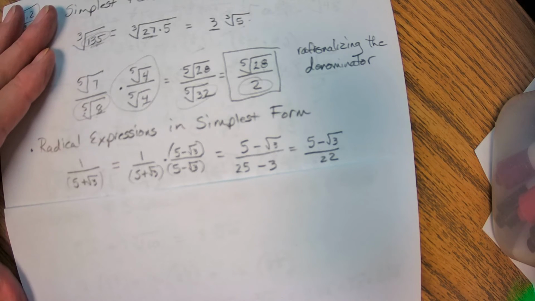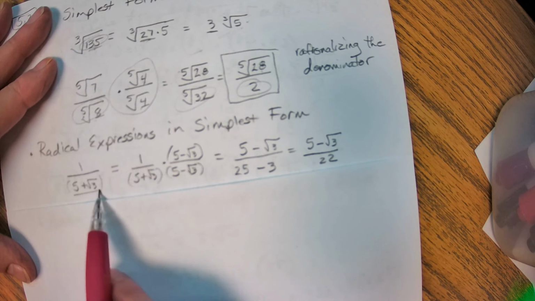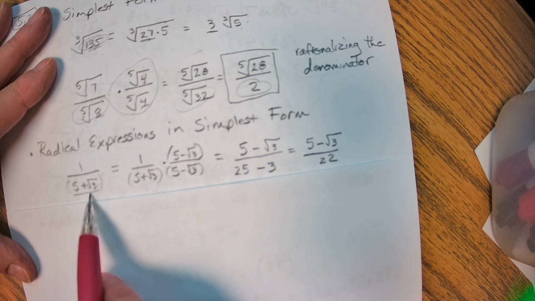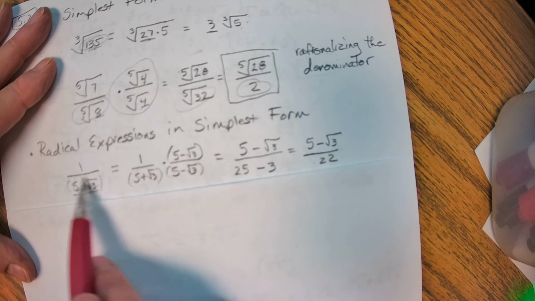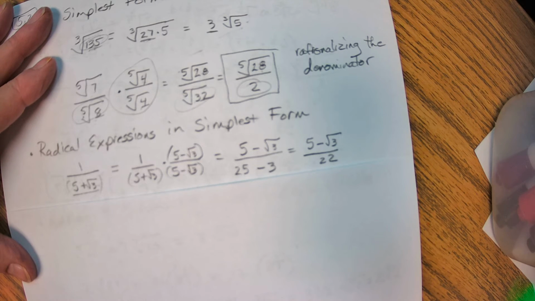All right. So notice now that the denominator not only has a radical number in it, it's also a binomial, right? Do you remember last chapter when we were talking about rational zeros or irrational zeros of functions?